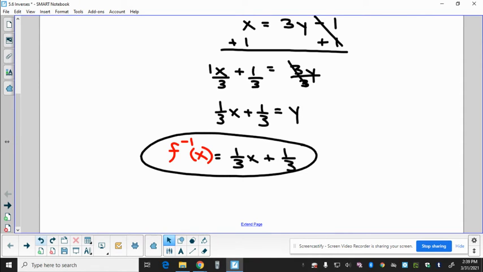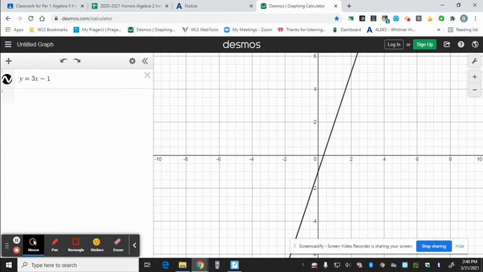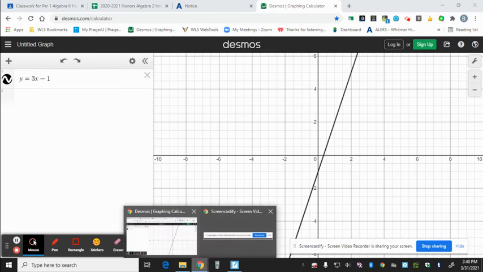Now what I'm going to do is put that into Desmos and show you the significance of an inverse. So now I'm going to move over to Desmos, and you can see right now I have graphed the original function. Now I'm going to move back over here.